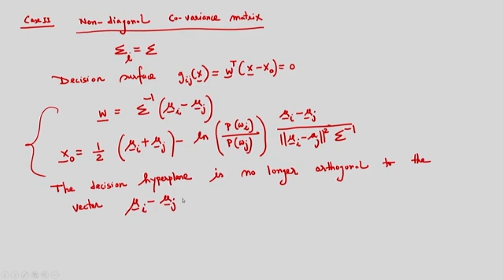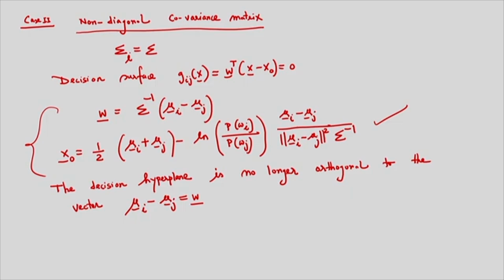So you can see that for the non-diagonal covariance matrix, the decision hyperplane is no longer orthogonal to that vector. The decision boundary will pass through the point x naught. x naught we have already defined, but one difference from the previous case, case number 1, is that the decision hyperplane is no longer orthogonal to the vector mu i minus mu j. So this is for case number 2.